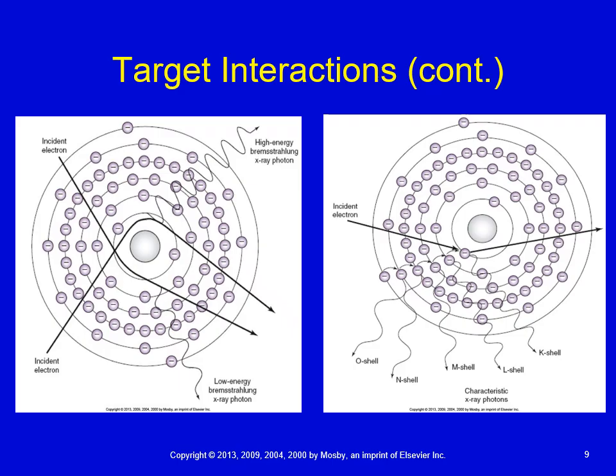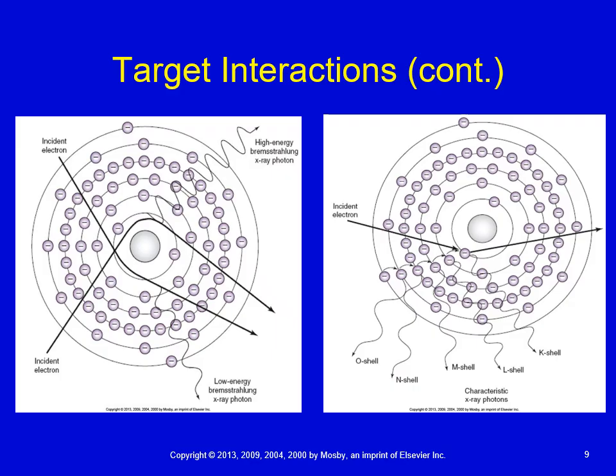All right, now we're moving on to target interactions. So here we're showing you the target interactions, whether they're bremsstrahlung in nature or whether they are characteristic in nature. The one on the left is bremsstrahlung.